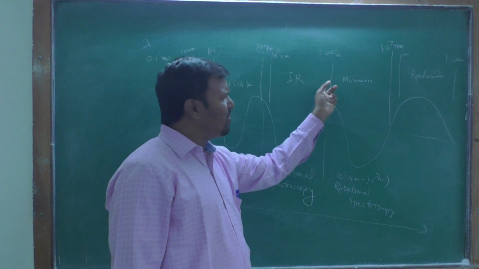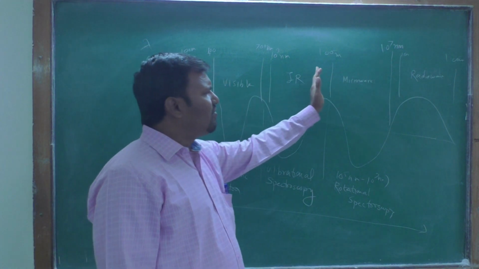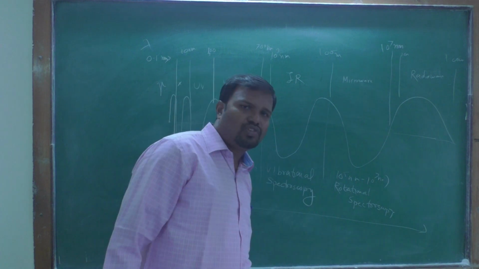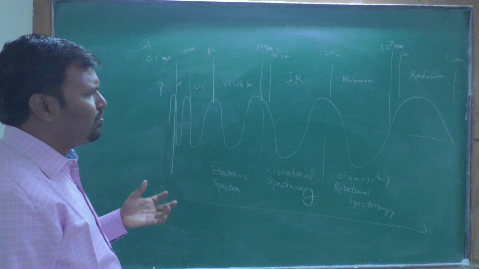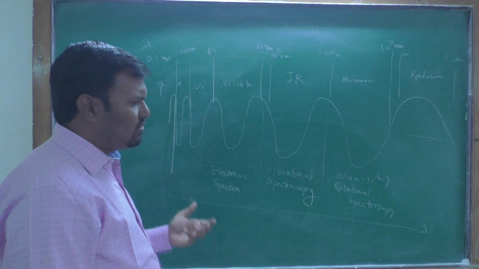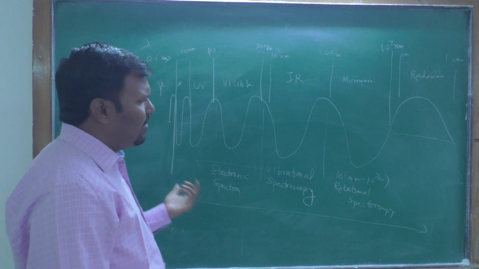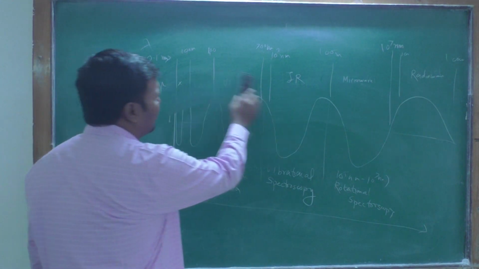From this region to the far higher region, up to 10 raised to 7, we obtain rotational spectroscopy. This is the basic knowledge required for the study of spectroscopy.